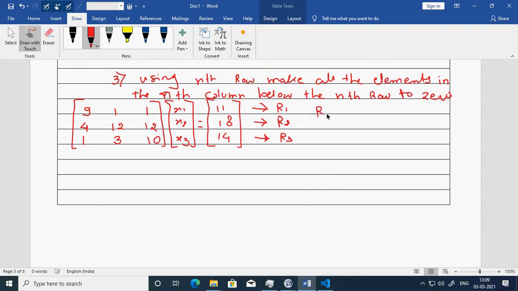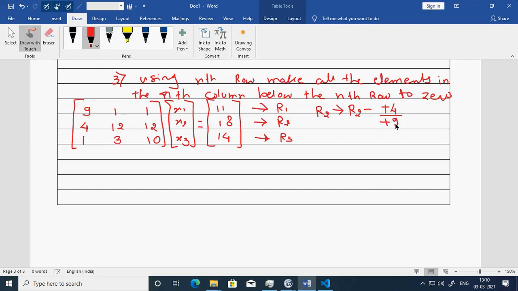So my R2 is going to change. How is it going to change? R2 minus, this element is always in the numerator and this element is always in the denominator. I am writing a plus including sign. If the 4 was negative, then you have to put a negative sign here. So plus 4 divided by 9, which has a positive sign.